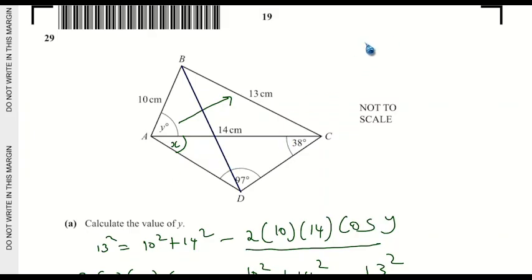So from triangle ADC, you agree with me that AD over sine 38 equals AC over sine 97 degrees, right? So you can make AD the subject of the formula. So that would be AC multiplied by sine 38 divided by sine 97, okay?